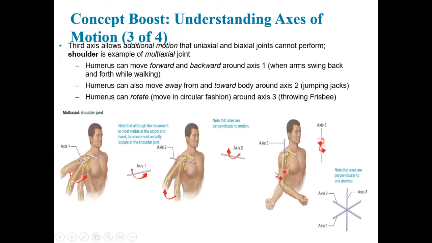Okay, so now what allows for this? If we look at the structure of the humerus, when we talked about that in the skeletal system, the humerus has a proximal head. It's a rather large head that connects over to the scapula, specifically the glenoid cavity of the scapula.